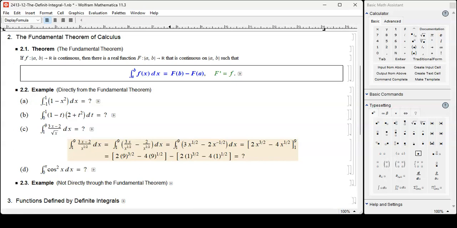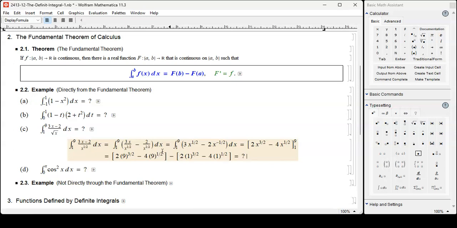Well, it's not too bad, because 9 to the 1/2 power is 3, 3 to the 3rd power is 27 times 2, so it's 54. And then this one, 4 times square root of 9, 3, 12.